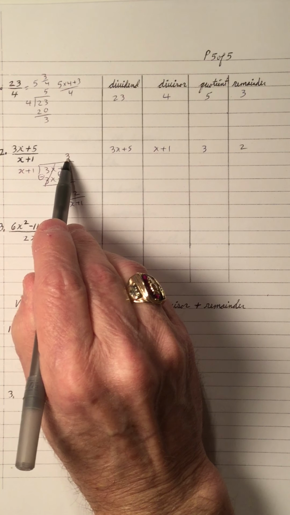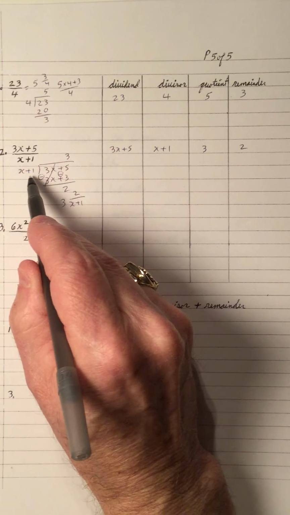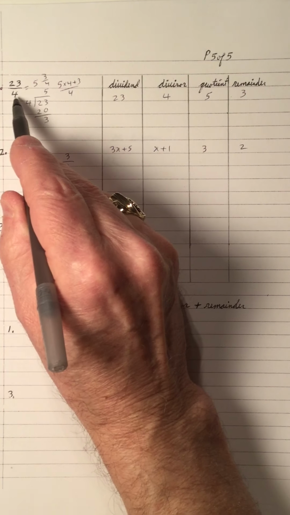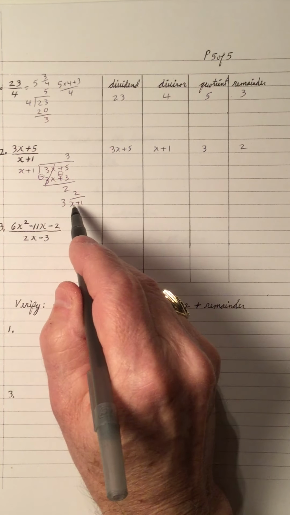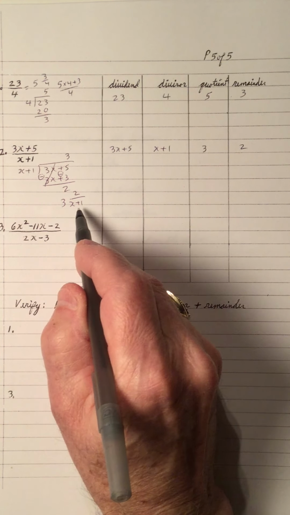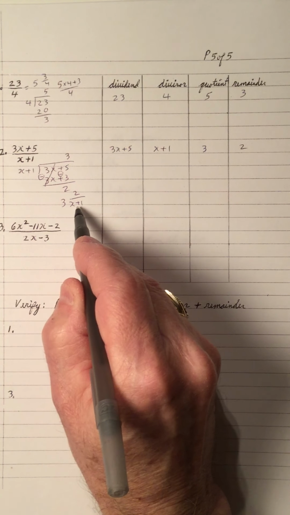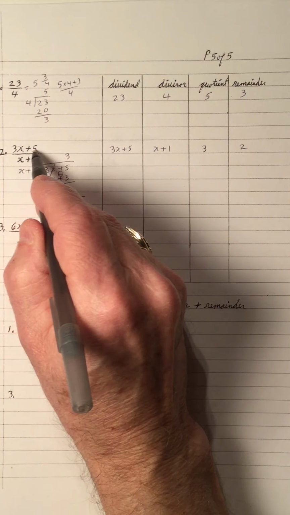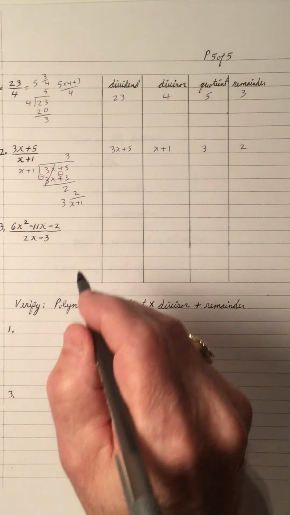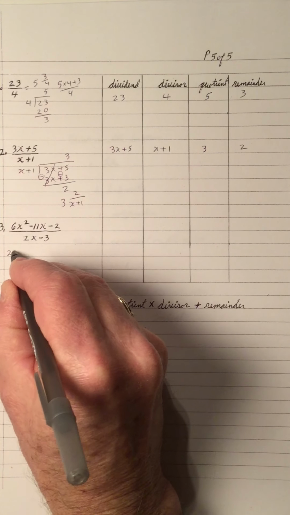Again, there's your answer, 3, remainder 2, over the x plus 1, the same as what we're doing up here. And if we want to check that, then 3 times x plus 1, add on 2, will give you the 3x plus 5.